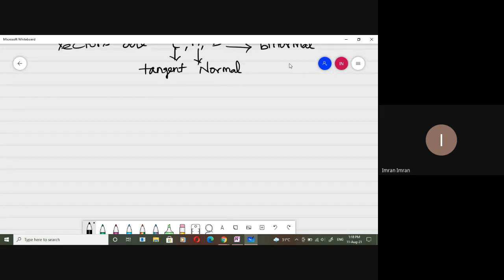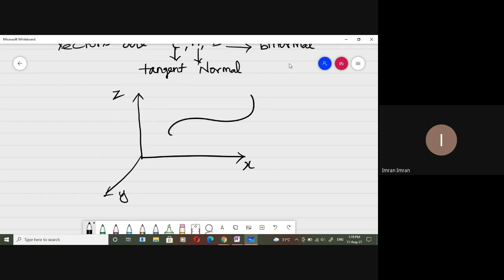Take a three-dimensional space with X, Y, and Z. Now take a curve P, Q. This curve is called a space curve in three-dimensional geometry.